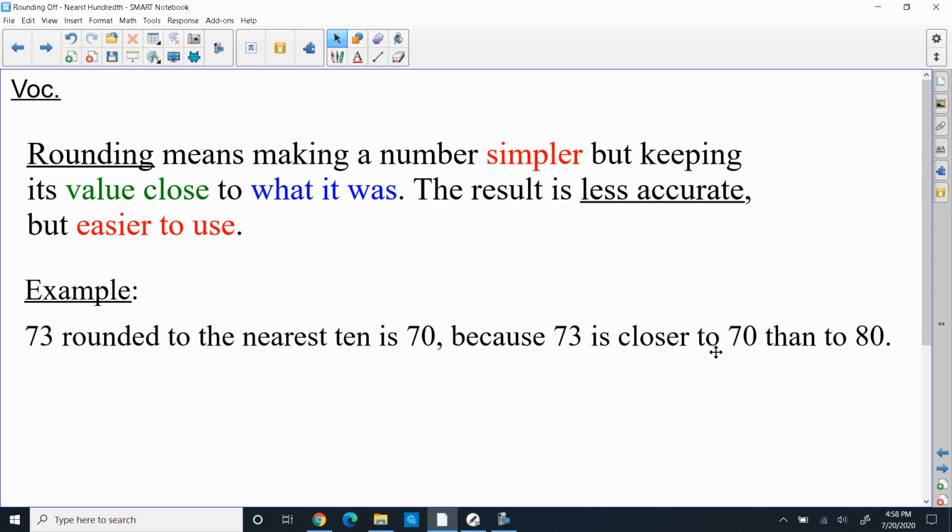And 80 minus 73 is 7, so that's 7 points away from 73. So 73 is closer to 70 because that's 3 points away, whereas closer to 80 would be 7 points away. So we're using easier numbers. Okay?